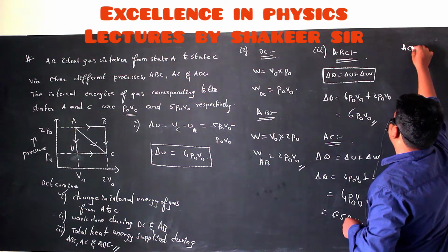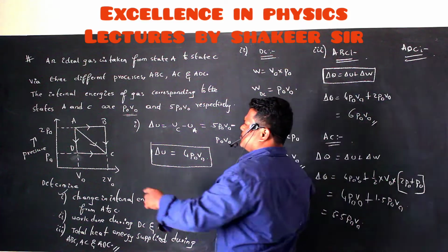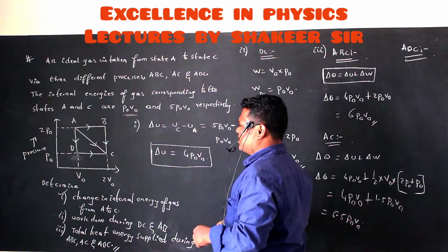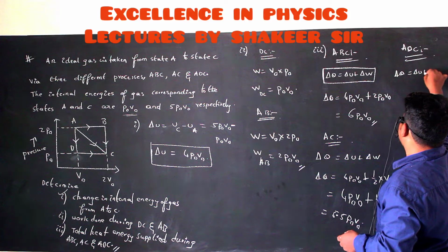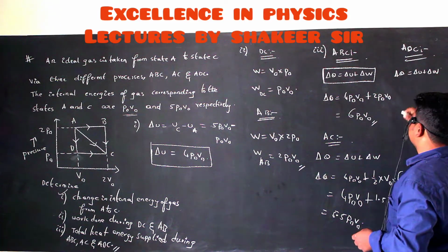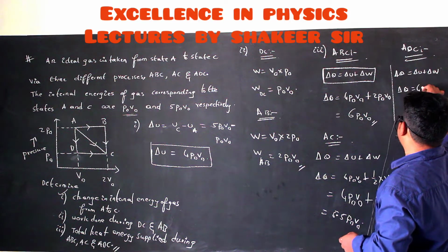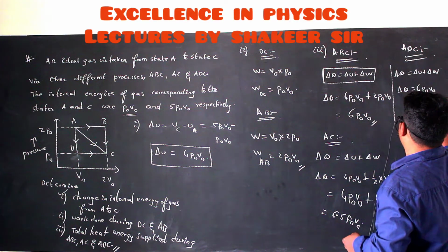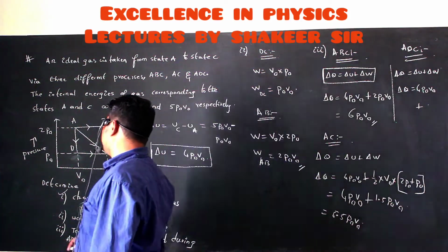Similarly, I am supposed to find out the heat energy supplied in the process ADC. So we are traveling from A to D and D to C. Again I can write delta Q is equal to delta U plus delta W. Delta U is always 4 P naught V naught. And what is the work done in traveling from A to D and D to C?